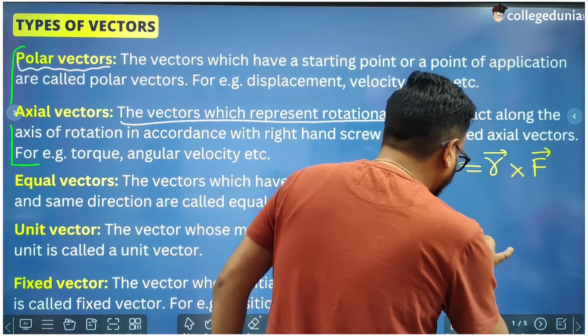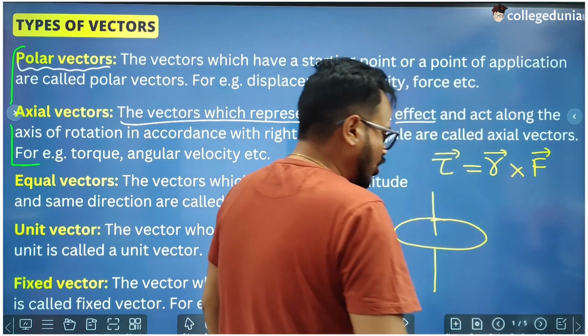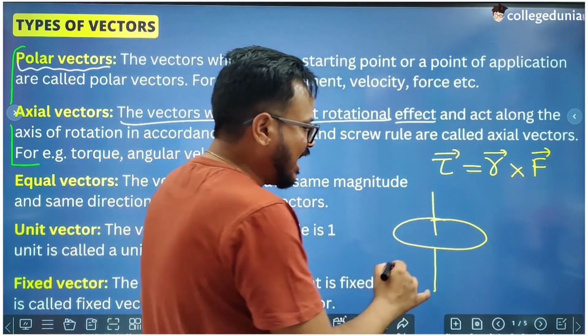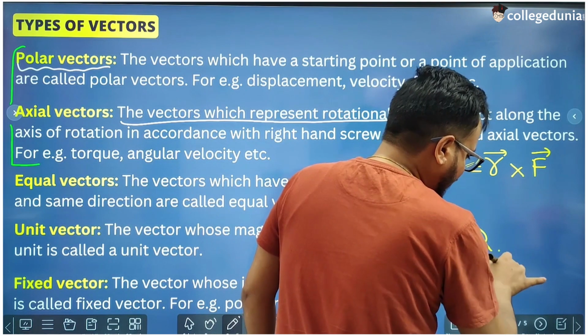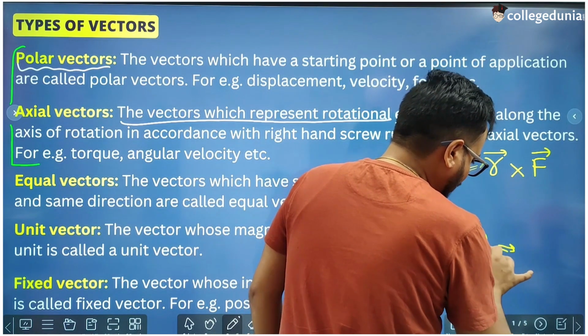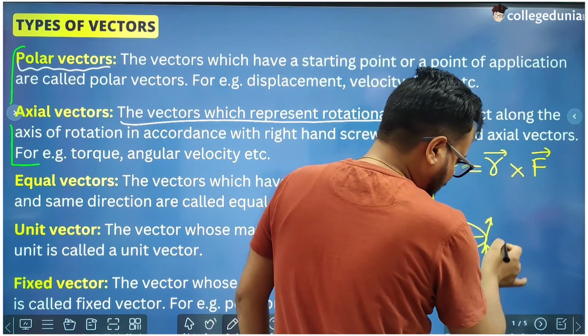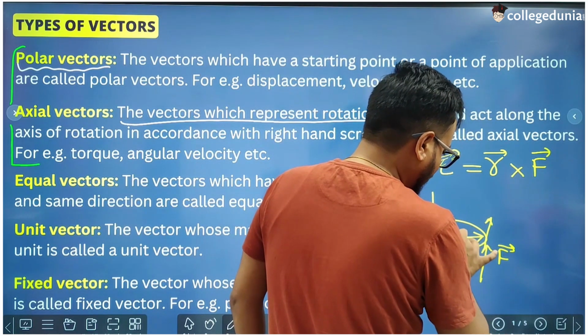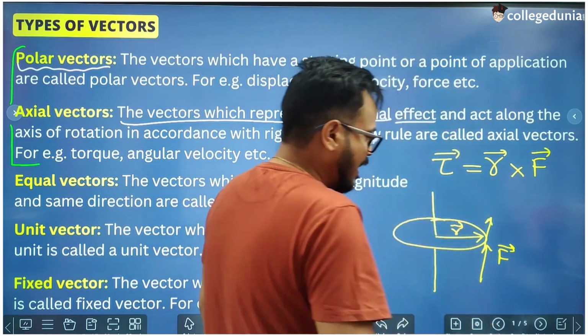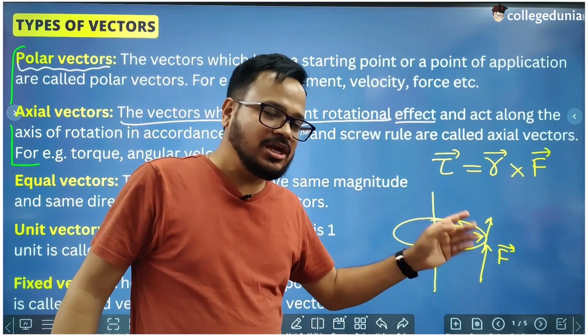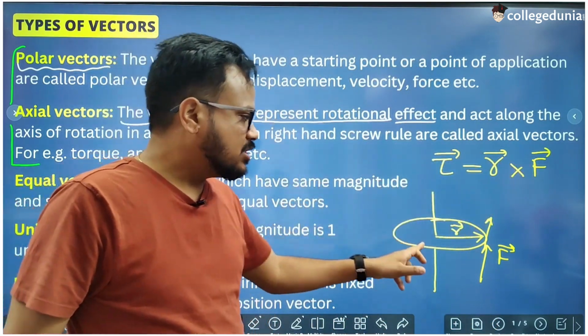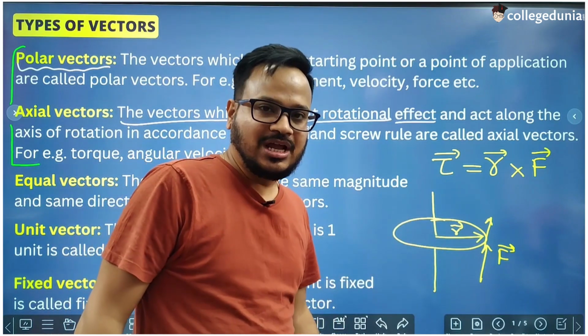If a body is rotating about an axis, and this is rotating because we have applied a tangential force like this, right? So this is the force vector, and this is the position vector of the point where the force is applied with respect to the axis of rotation, right?